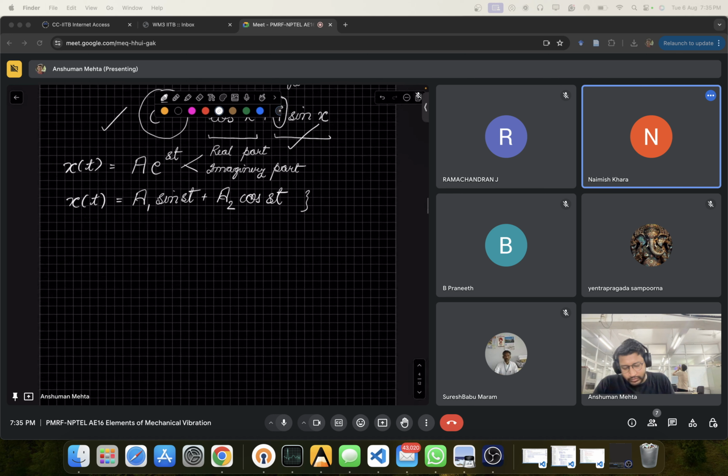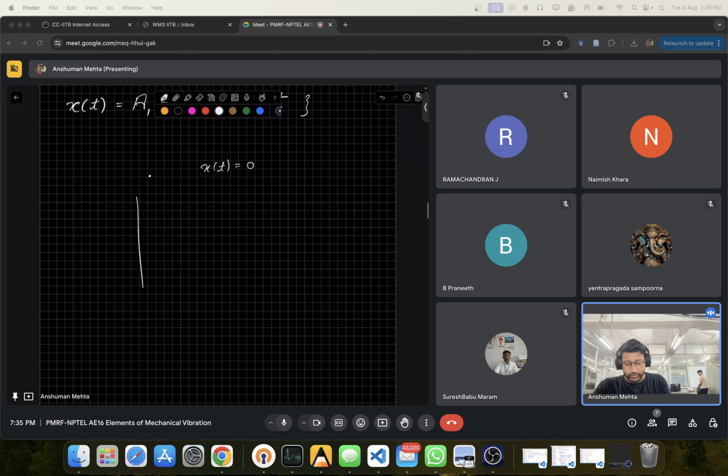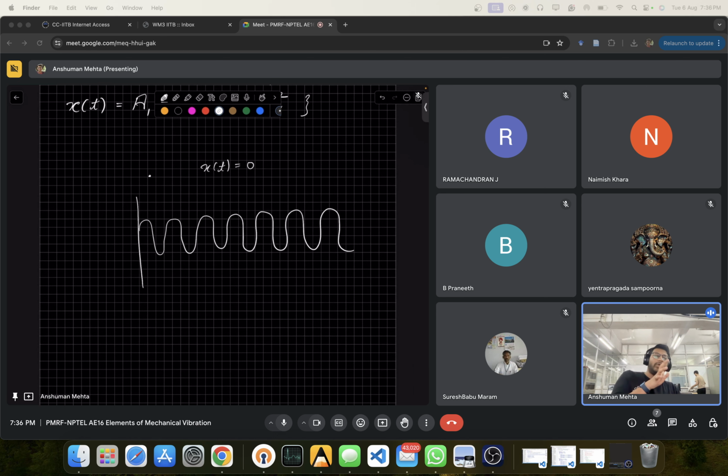It can be, for example, something is at rest, so it is at rest, right? So x(t) is equal to 0. Just giving you one example. Otherwise, a vibrating system has three types of responses. One response is perfect vibration, where the amplitude is constant.